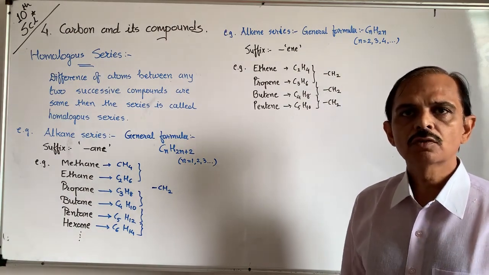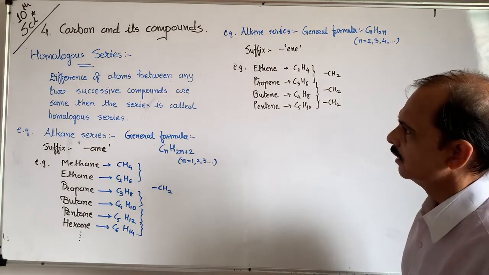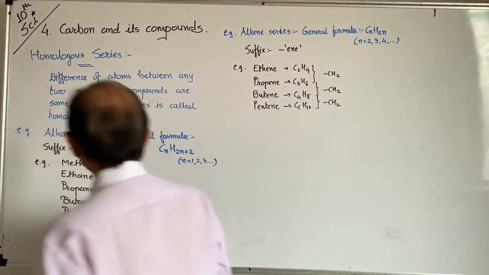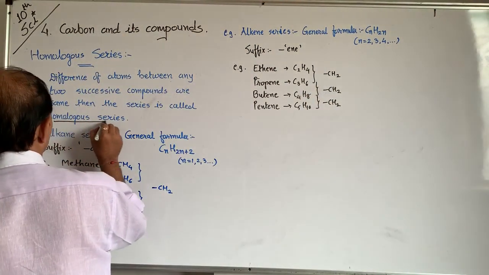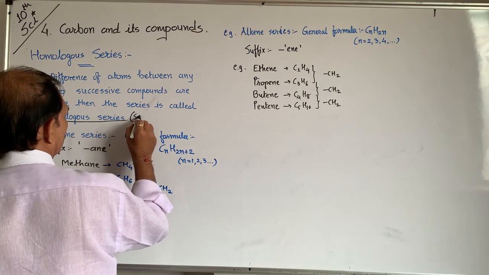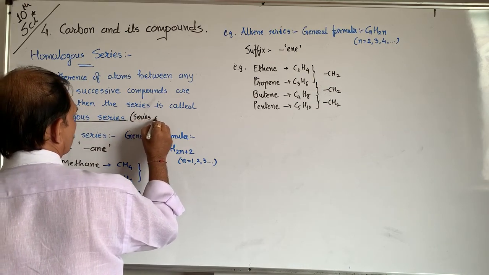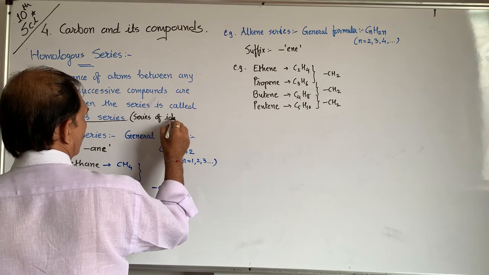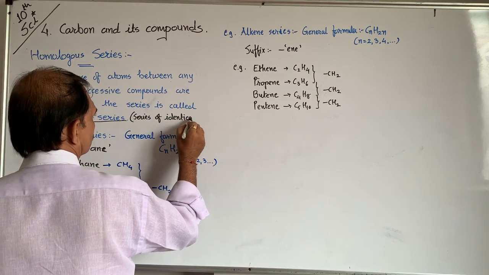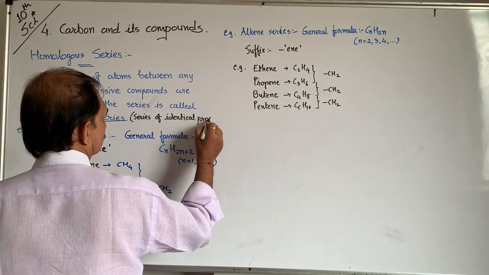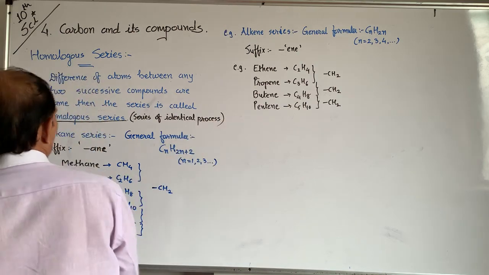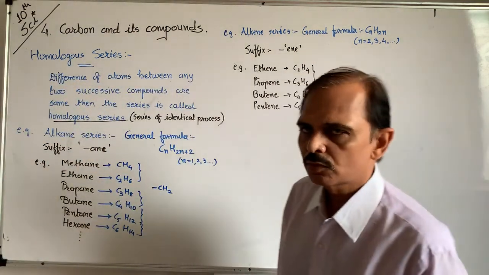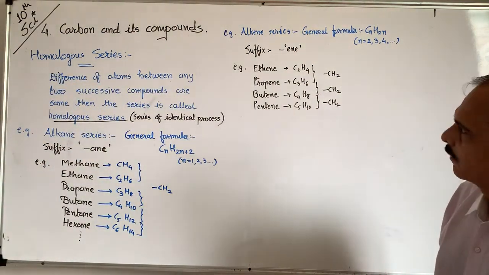That's why it is known as a homologous series. Another name for the homologous series is the series of identical processes.